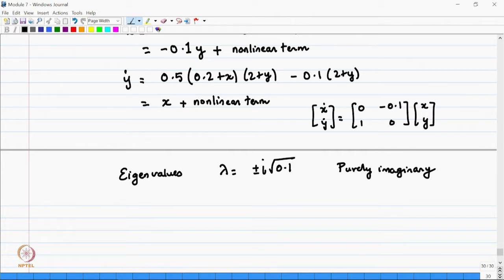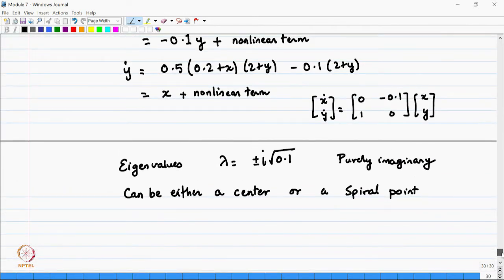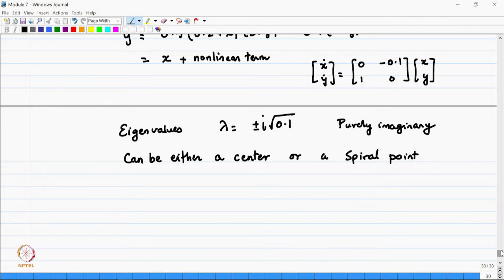And if it is purely imaginary, we know that it can be either a center or a spiral point. Okay. So this point is either a center or a spiral point, and whether it is a center or a spiral point, this is for the nonlinear equation.